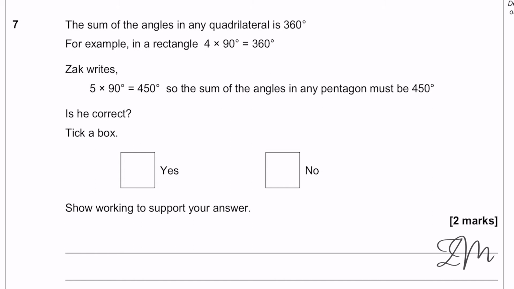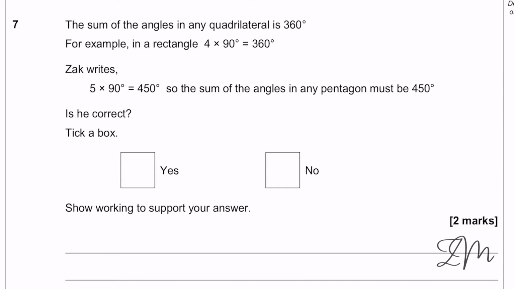Is he correct? Well, you can't have a pentagon with all right angles, because it just wouldn't work. You could draw a pentagon and you'd see that doesn't work. The other way is to think, what is a pentagon? A pentagon is a 5-sided shape.